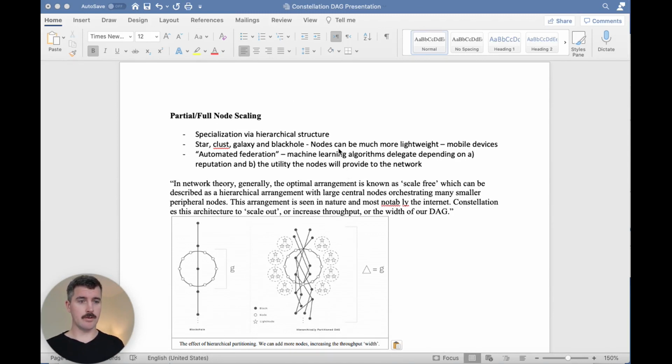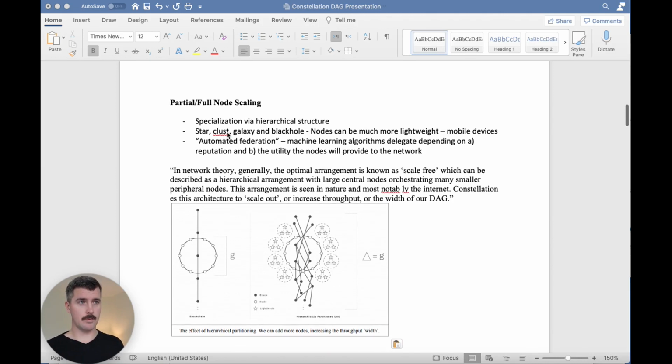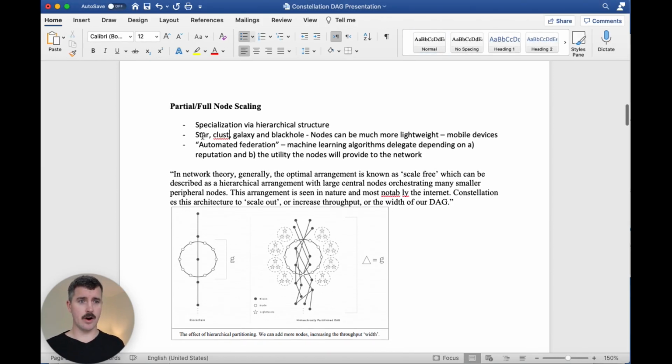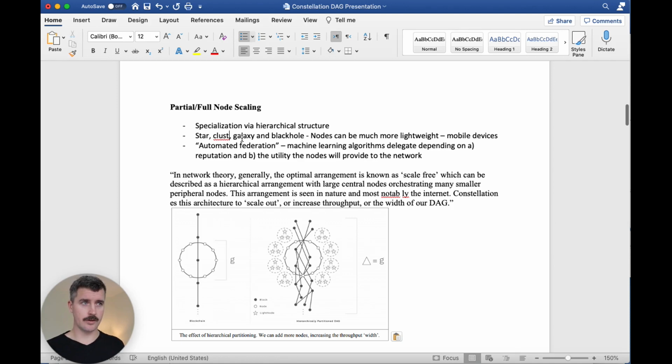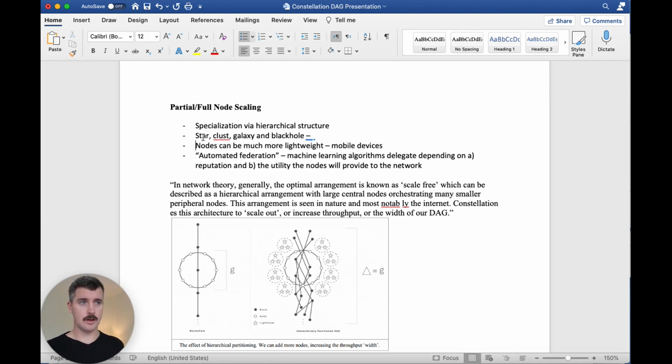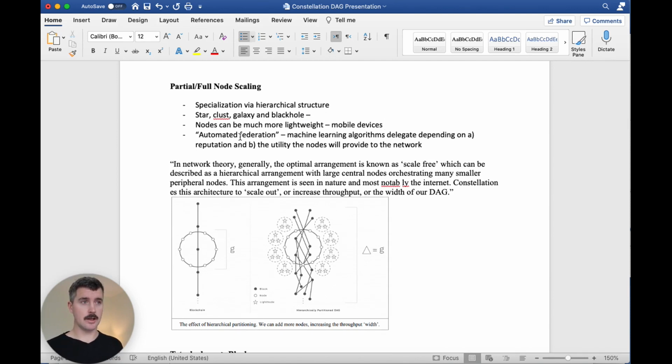So you can read more about this in the technical white paper, but basically they have stars, which are like the basic nodes, then clusters, galaxies, and black holes. The nodes can be more lightweight. You can have stars that are mobile devices like your iPhone or something like that. And what happens is that the DAG actually uses a machine learning algorithm to engage in automated federation.